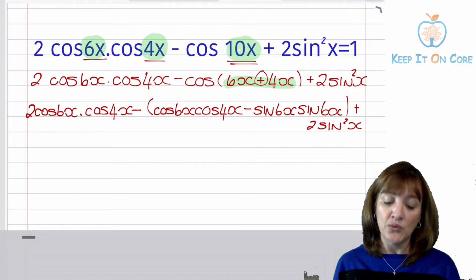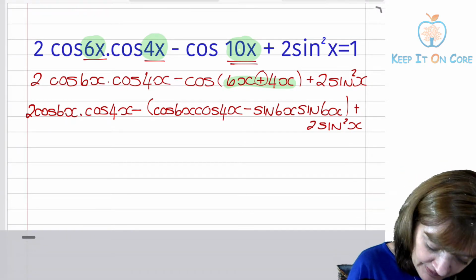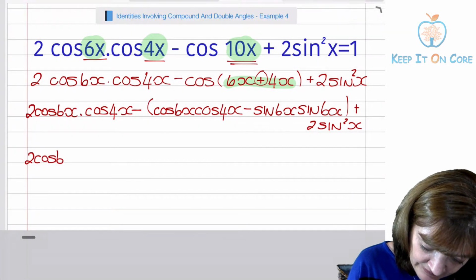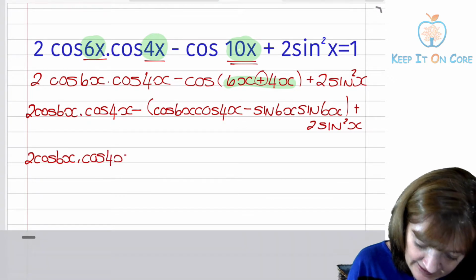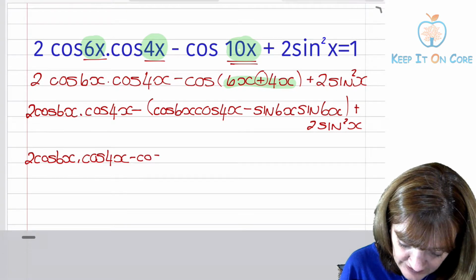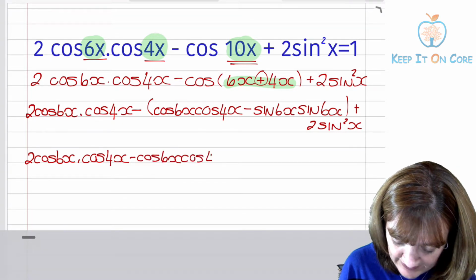Right, so what do we have now? I've got a 2 cos 6x cos 4x. The negative is now going to distribute into the bracket, so we've got negative cos 6x cos 4x.